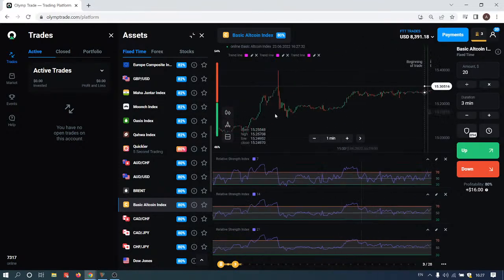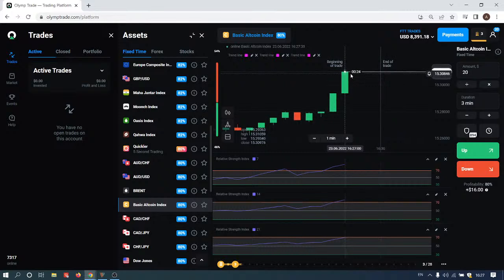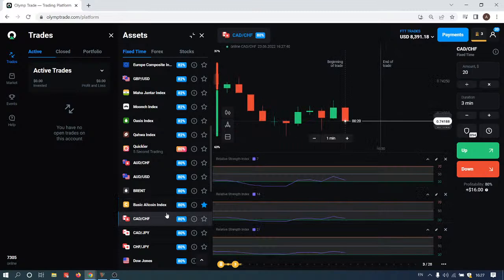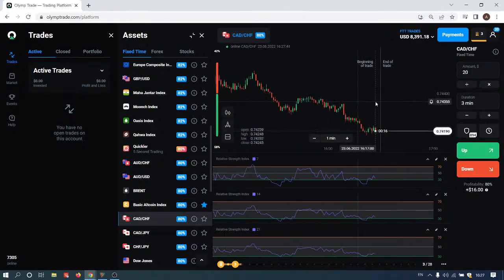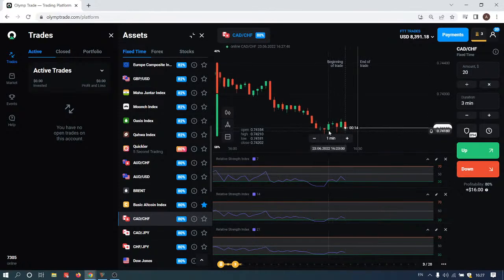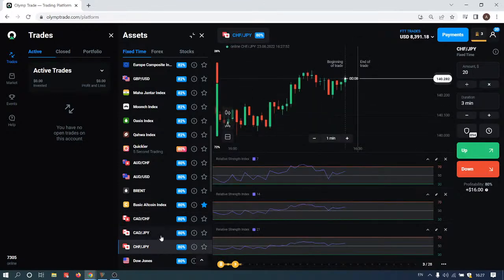All right, so basic altcoin index. Let's put this asset into our favorites tab. CAD CHF, that was a recent signal. Unfortunately, it's a little bit too late to use this signal.